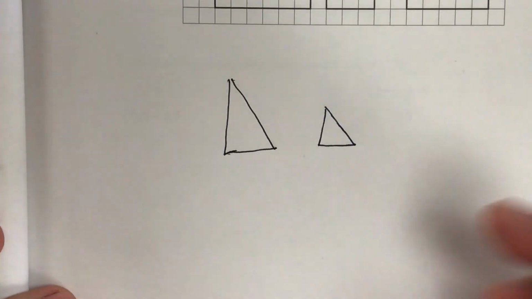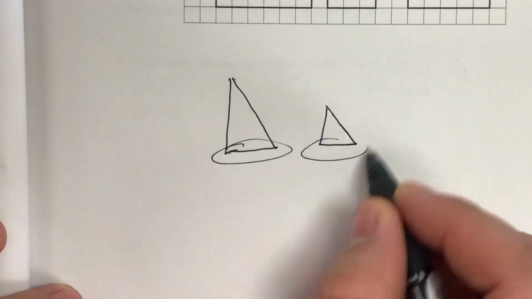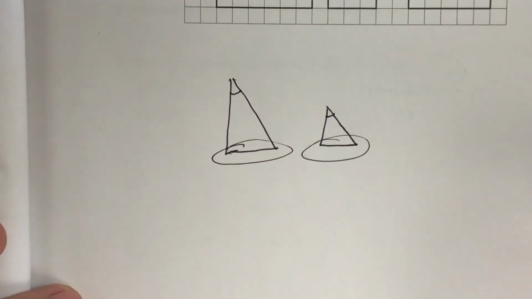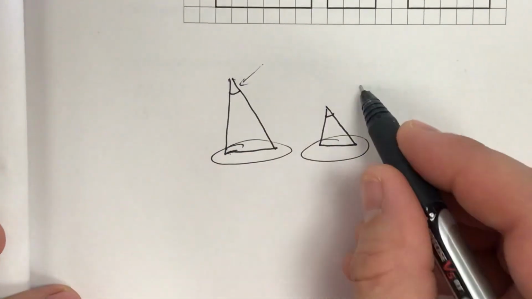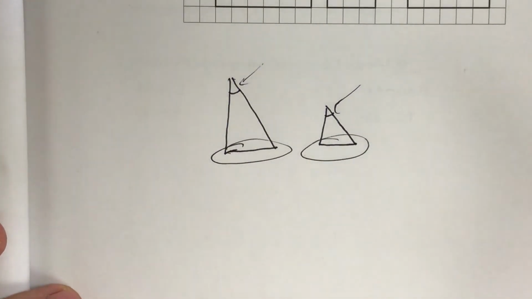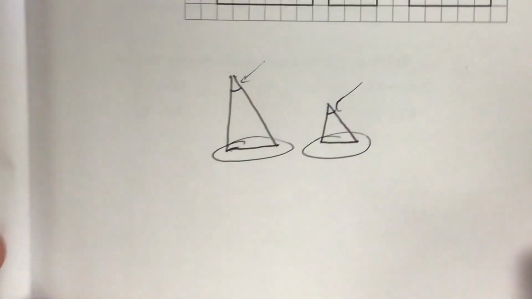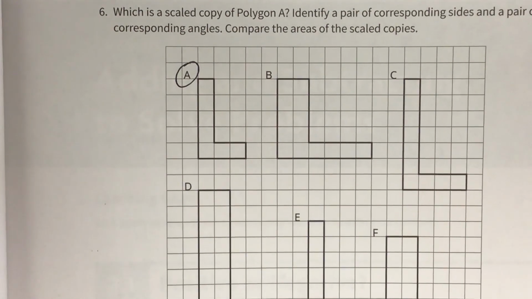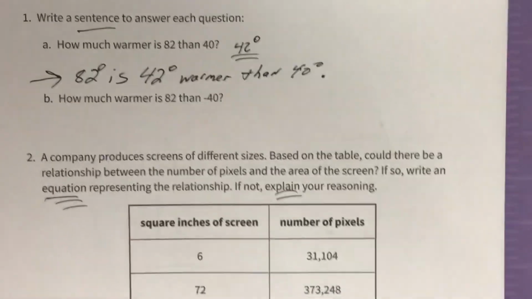If I want to know corresponding sides here, I might just circle them. Angles, you can use little curves to represent the same angle. Or maybe you want to draw an arrow to them, so you just have to identify corresponding sides or angles of whichever one is a scaled copy. Okay, any questions on that? All right, so 1 through 6 for tomorrow.